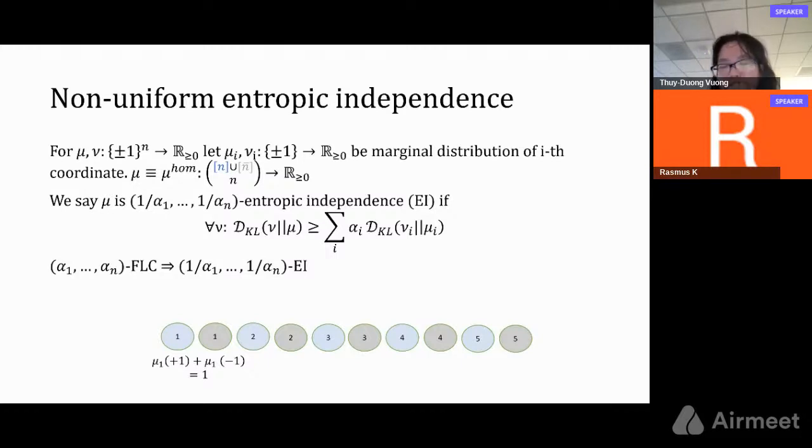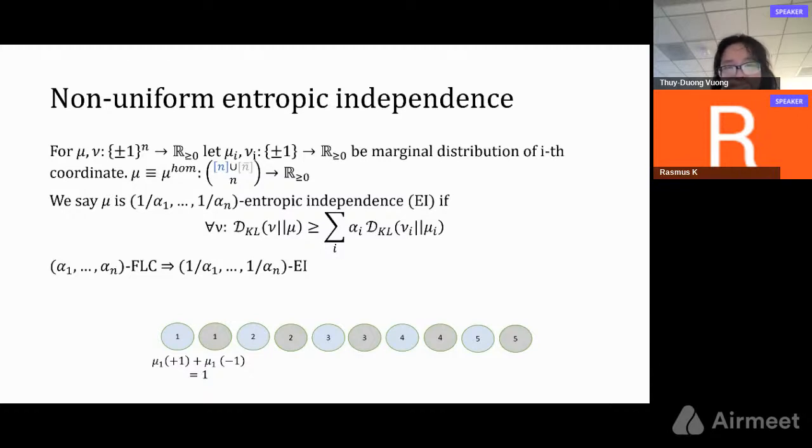Okay. So again, let μ be a distribution on the spins {plus minus 1} raised to n, and for each vertex i, we define μ_i to be the marginal of μ on the spin of the ith vertex. If you consider the plus spin as the blue ball and the minus spin as the gray ball, then μ_i is a distribution over these two balls.